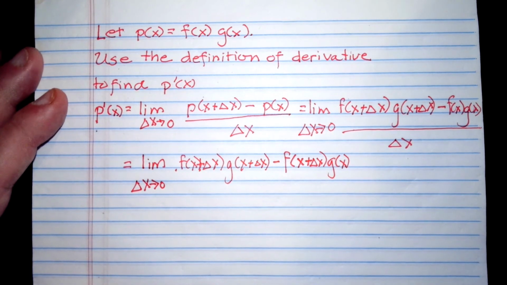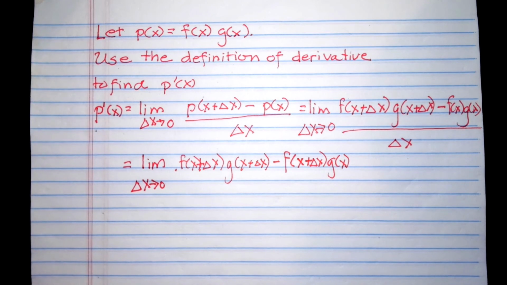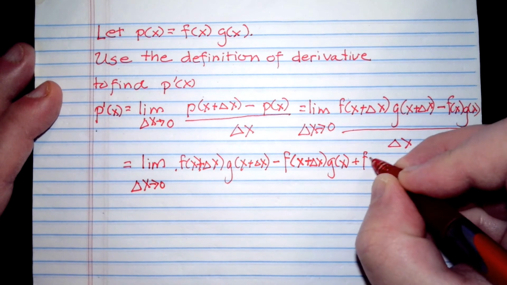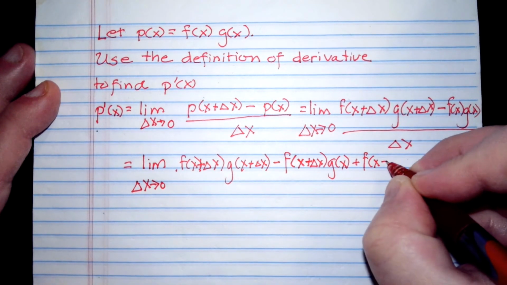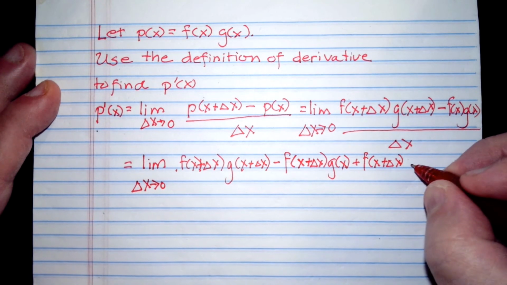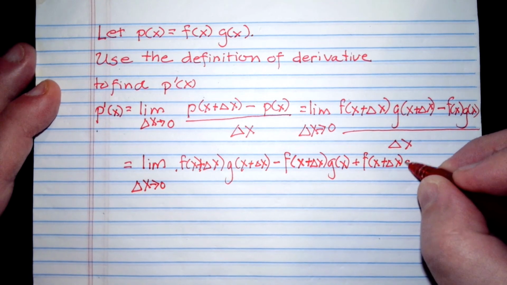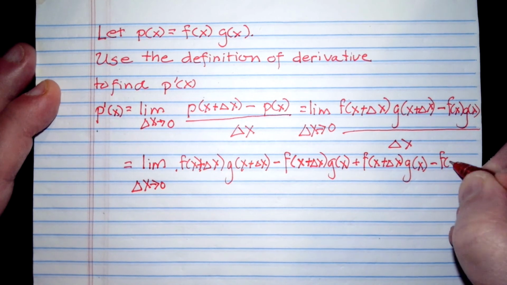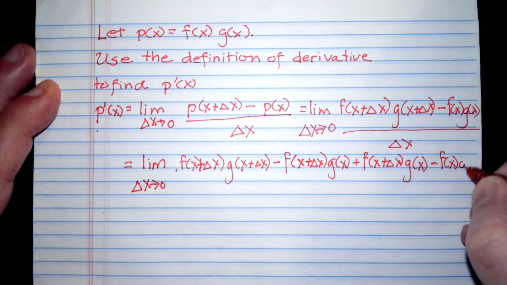So I put it in there because we need it. But I've got to pay for it. So I'm going to put a plus f of x plus delta x g of x in as well, all in the denominator.